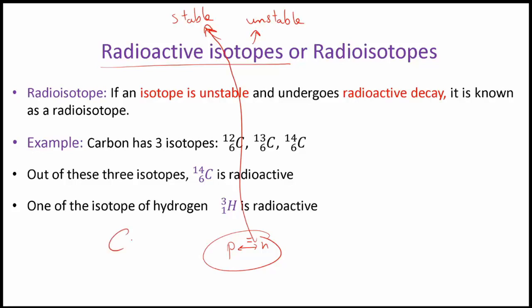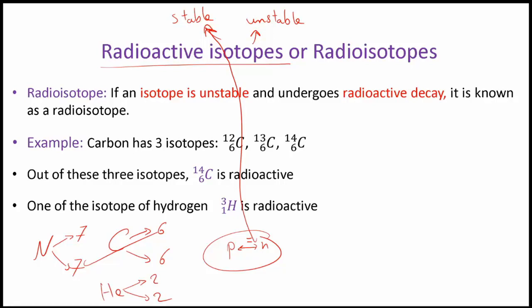Like for example, carbon 12 has 6 protons and 6 neutrons, very stable. Nitrogen 14 has 7 protons and 7 neutrons, stable. Oxygen 16 has 8 protons and 8 neutrons, very stable. Helium 4 has 2 protons and 2 neutrons, very stable.